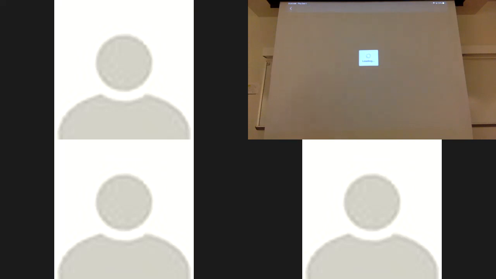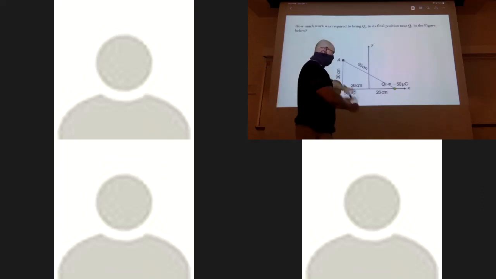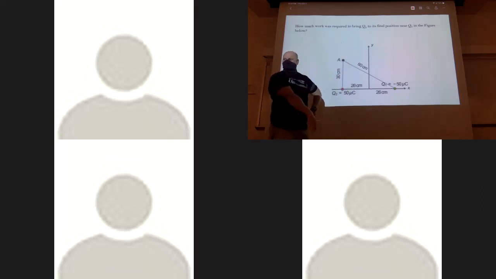The interesting follow-up question then is, how much work was required to bring Q2 to its final position near Q1 in this problem? So basically what this means is, let's say initially I have empty space. Nothing's going on.